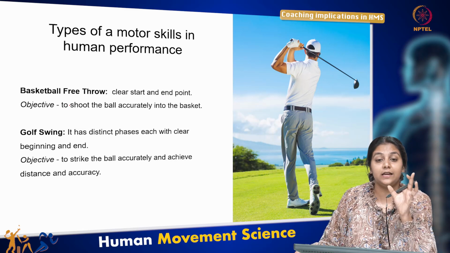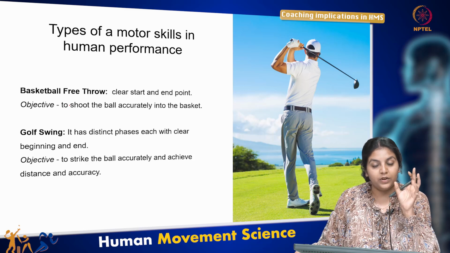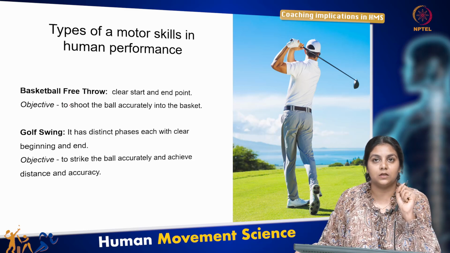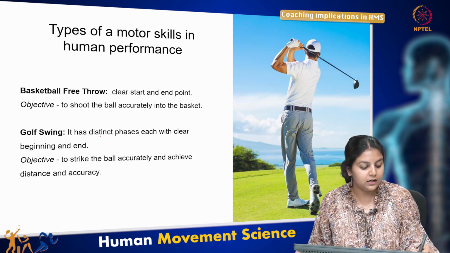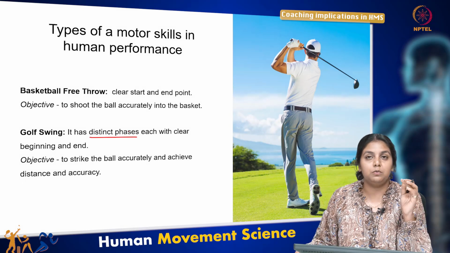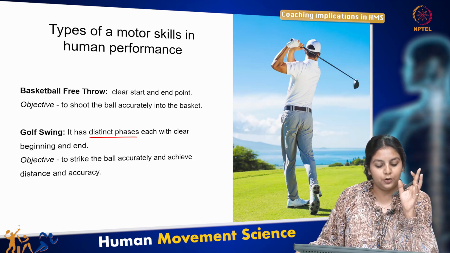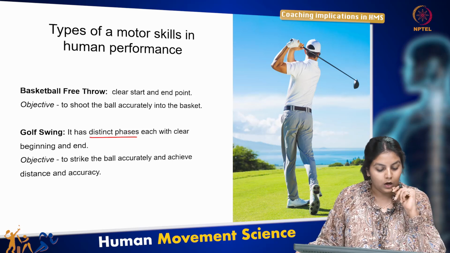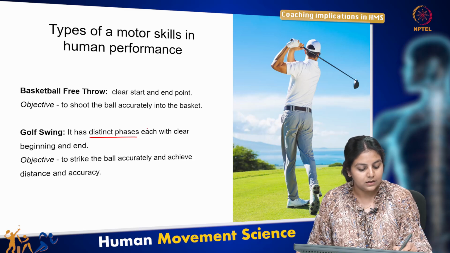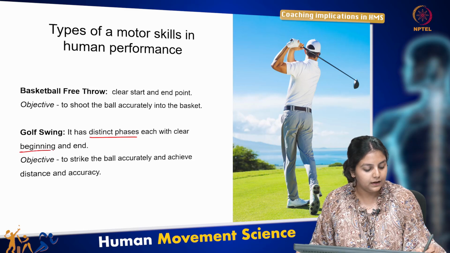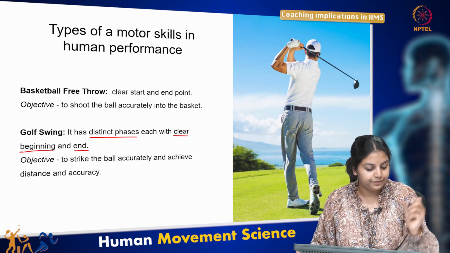It has distinct phases within the entire skill. The entire skill can be divided into different distinct phases. The concept of segmenting the entire skill into phases we look at in a few more slides to come. But each of these phases has a clear beginning and an end, right?